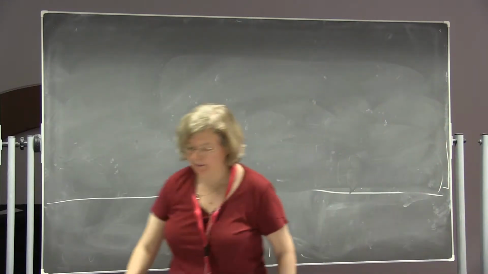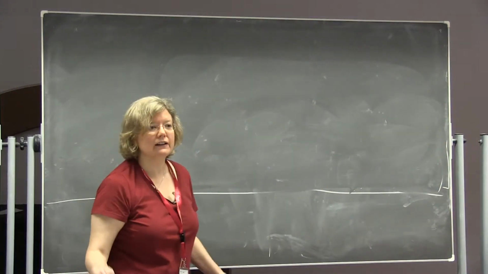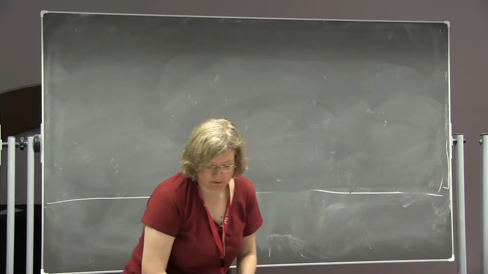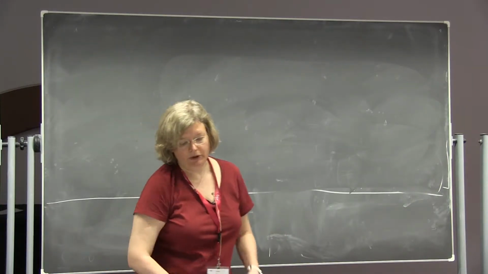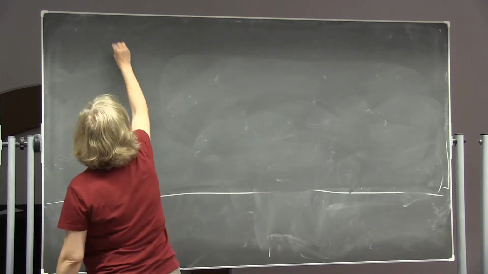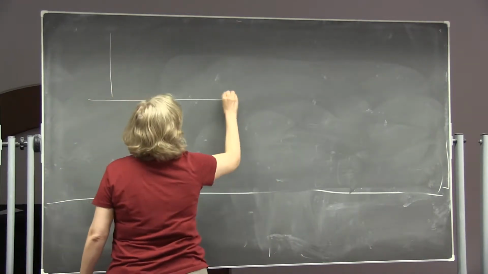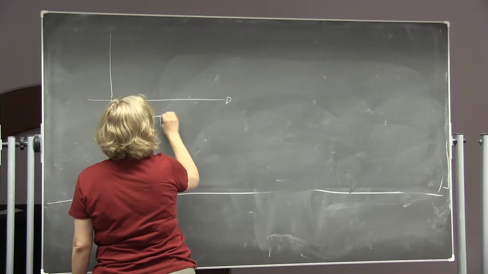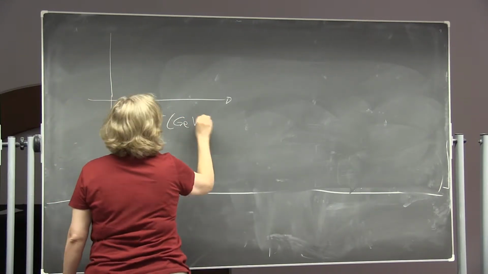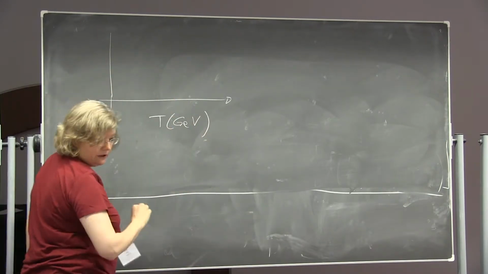Of course, we do not really know what happened to g_s above the electroweak scale. In principle, there could be a lot of particles there that we don't know about. But if you consider the latest epoch of expansion of the universe, we do know more or less how it goes. And this is the plot, depending on the temperature in GeV. This is the number of degrees of freedom.